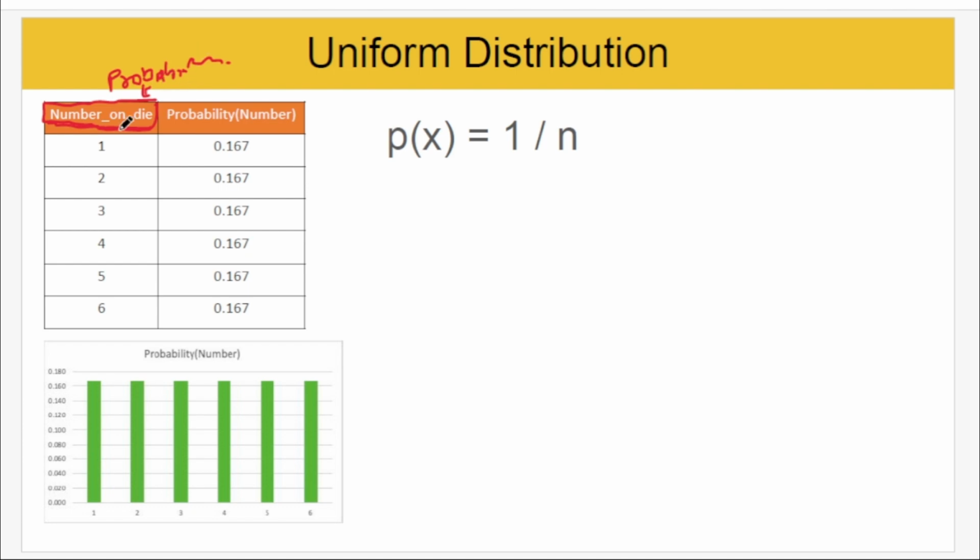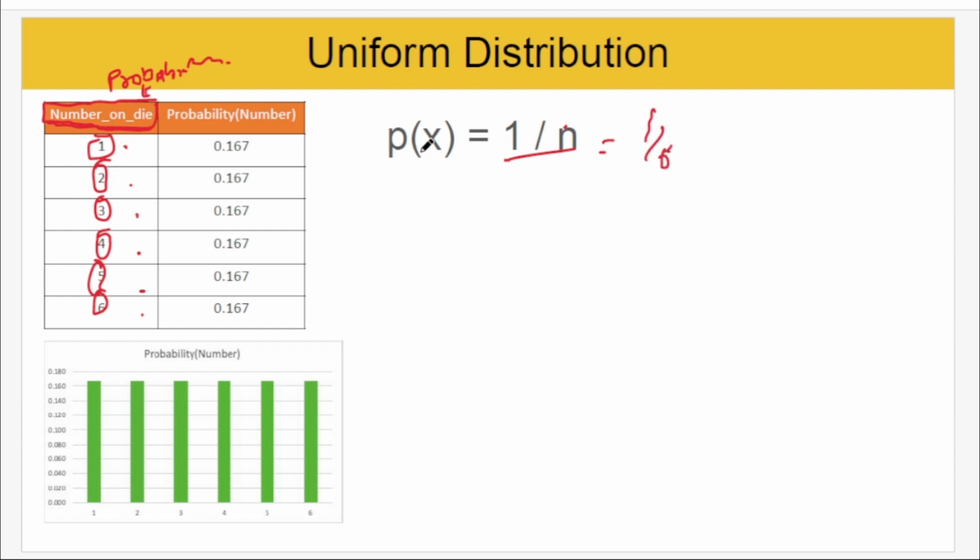So we are saying that if this random variable takes any value x, it takes it with probability 1 by n. What is n? This is your total number of values. How many values are there? 1, 2, 3, 4, 5, 6. So in this case, it will become 1 by 6.